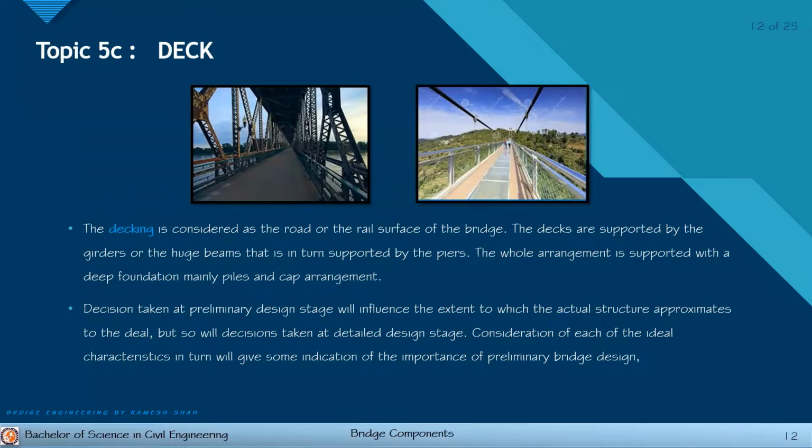However naman sa ating substructure, we have the bearings, yung mga na-discuss natin kanina. And para naman sa foundation, we have the piles and cap arrangement. Also, para sa substructure, we have also the piers. Yan sila. Ano bang tawag sa kanila?